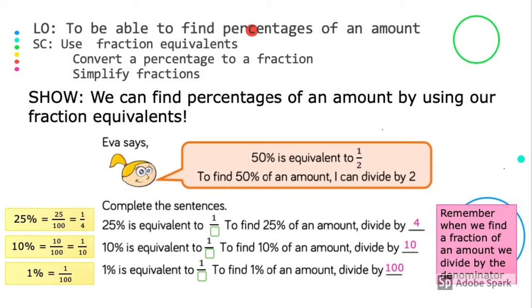Once we've found these equivalent fractions, we can work out what we need to divide our number by. 25% is equivalent to 1 quarter. To find 25% of an amount, we need to divide by 4. 10% is equivalent to 1/10. So to find 10% of an amount, we need to divide by 10. 1% is equivalent to 1/100th. So to find 1% of an amount, we divide by 100.